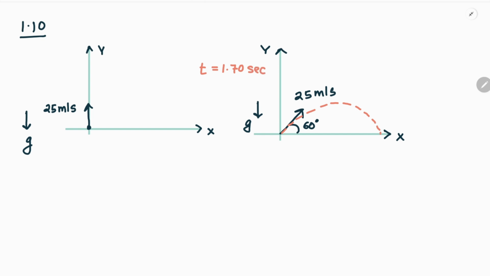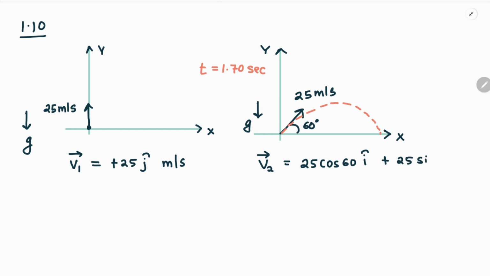If we write the initial velocity v1 in this case, v1 can be written as plus 25 j cap meters per second. And v2 vector can be written as 25 cos 60 i cap plus 25 sin 60 j cap.